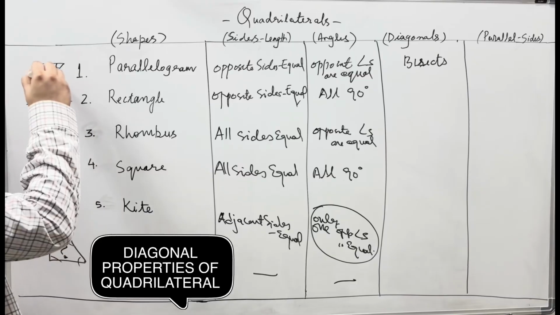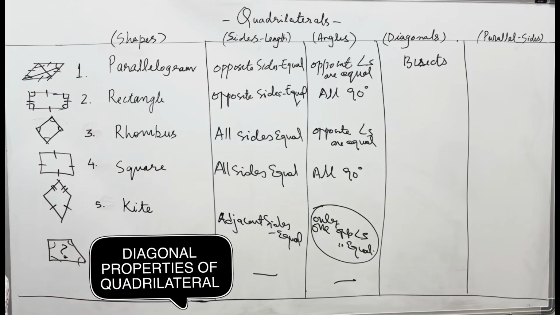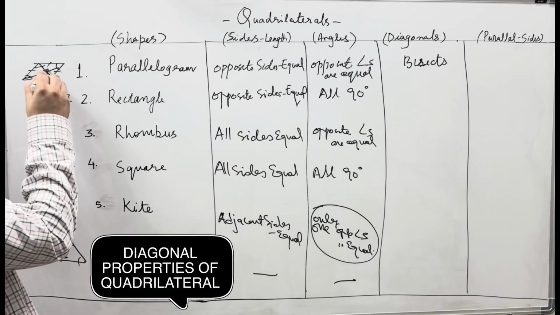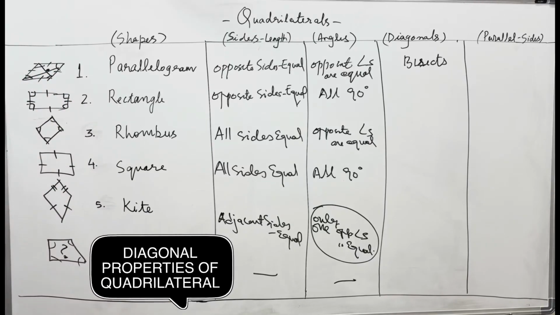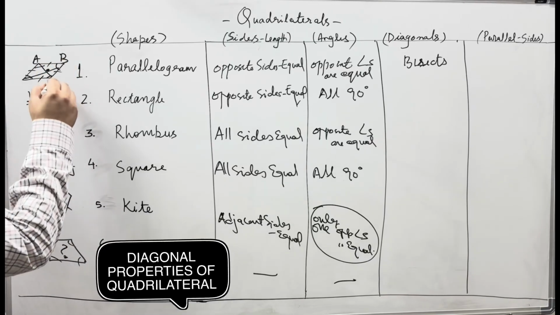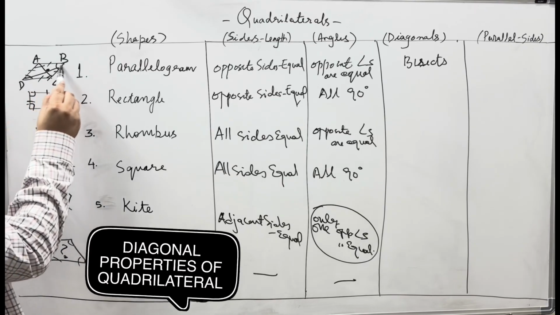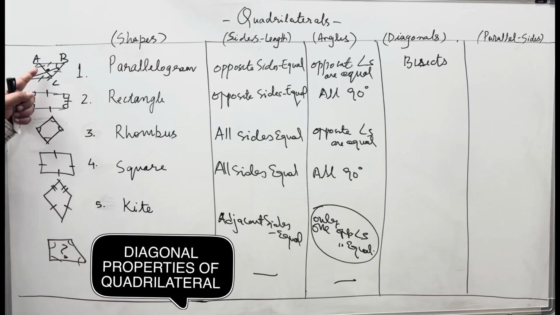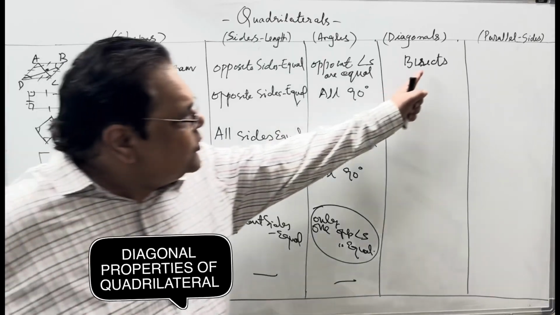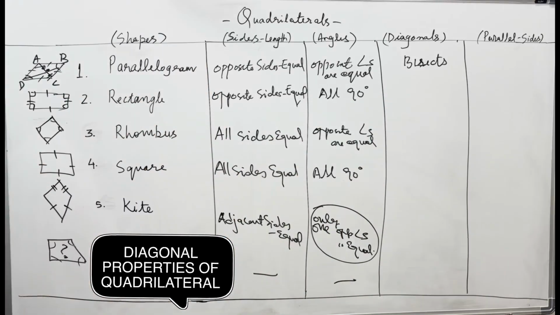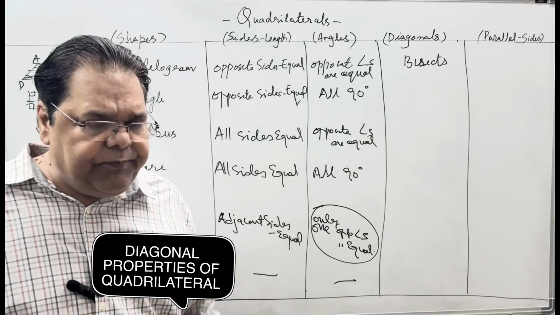If you join the diagonals of a parallelogram, and this is the point of intersection, and these are the four vertices A, B, C, D, that means BO is equal to OD and AO is equal to OC. So it just bisects. There are two diagonals in a parallelogram.